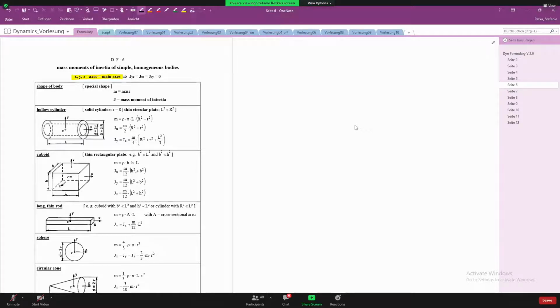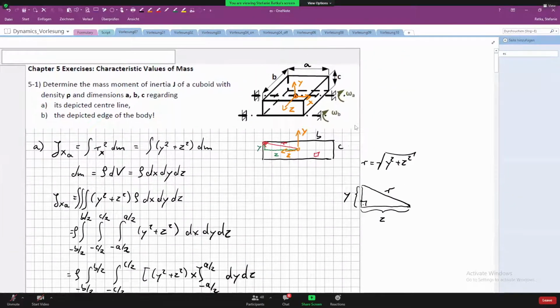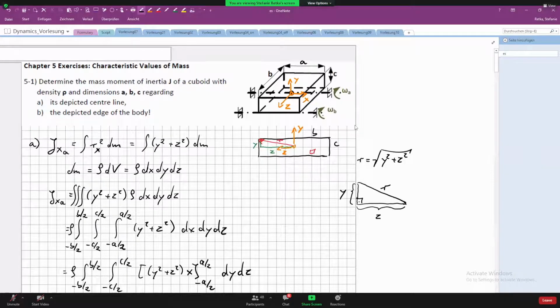Now, for the second situation, case B, I will move upward here. We want to compute the mass moment of inertia with respect to this axis right here. Now we assume that the cuboid rotates about this axis with omega b. And the size of our mass moment of inertia depends on the axis of rotation.